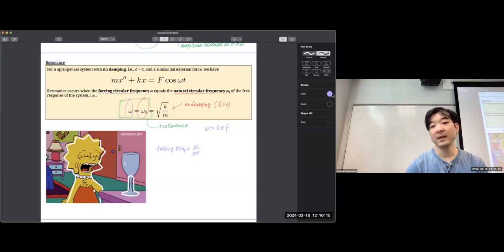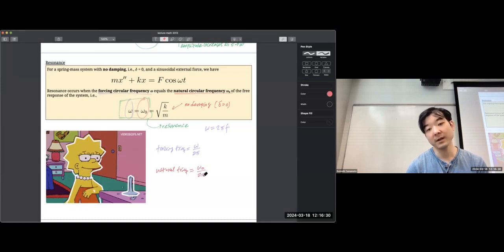So if somebody asks you to compute the frequency that would result in resonance, they're probably asking for the actual frequency, not the circular frequency, where you're dividing the circular frequency by 2 pi. And of course, these two will be equal to each other if and only if omega equals omega naught.